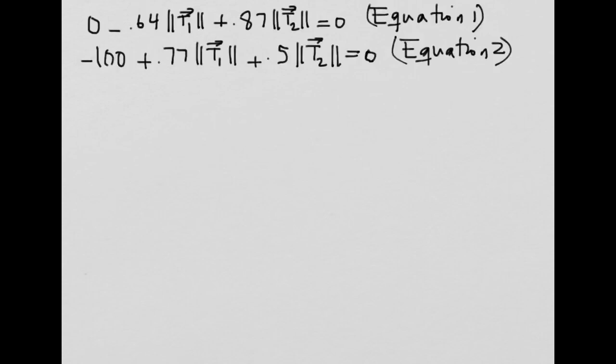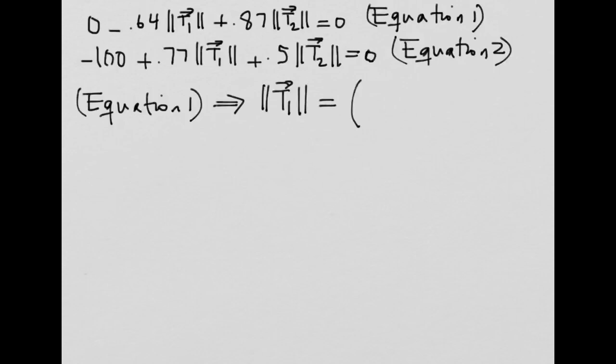From equation 1, I can solve for T1 in terms of T2 as follows. So look at the equation and solve for T1 in terms of T2 to get the magnitude of T1 is equal to 0.87 over 0.64 times the magnitude of T2.